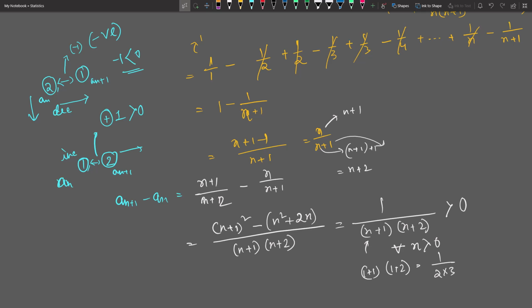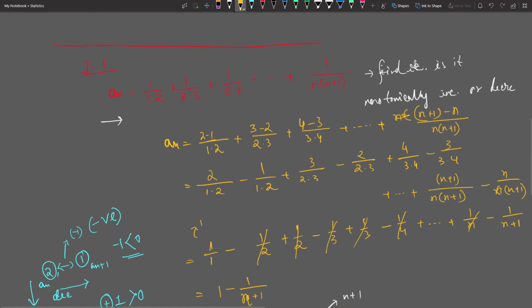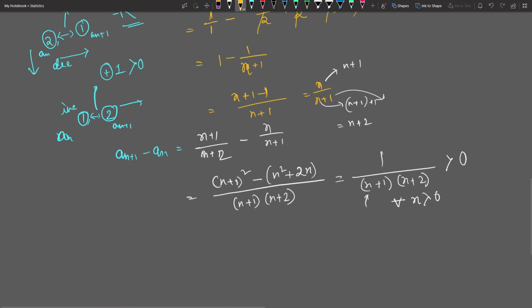If you put the value of n as 2, 2 plus 1, 2 plus 2, you will get 3 into 4, that is 12, that is also greater than 0. So you can conclude that an plus 1 minus an is greater than 0.